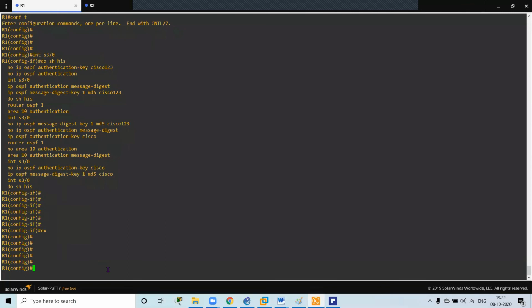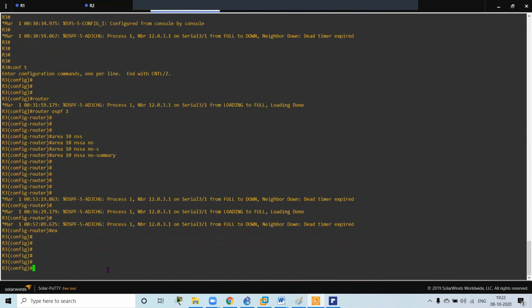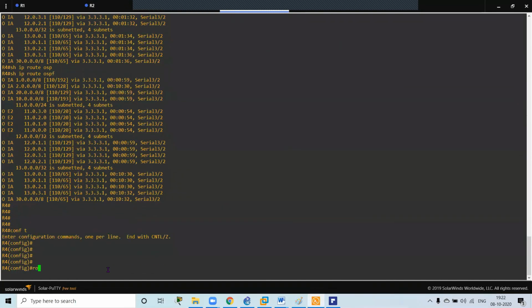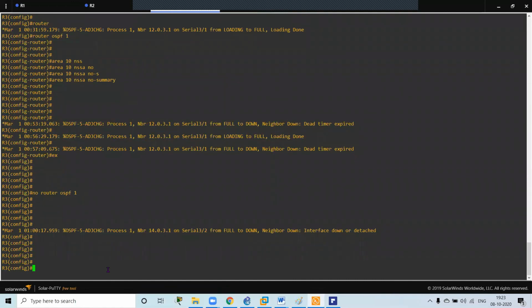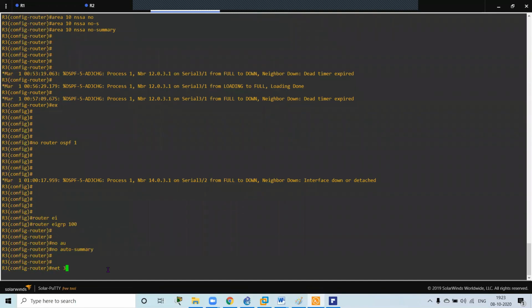Now EIGRP. Let me remove router OSPF 1, I'll say no router OSPF 1. I'll configure EIGRP. Router EIGRP 100, no auto-summary, network 30.network.